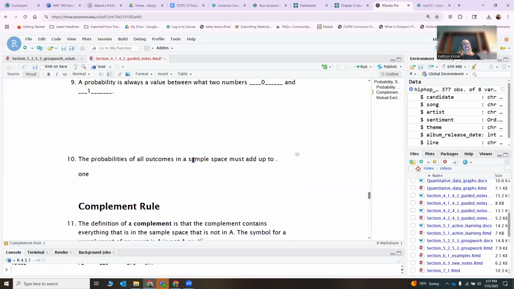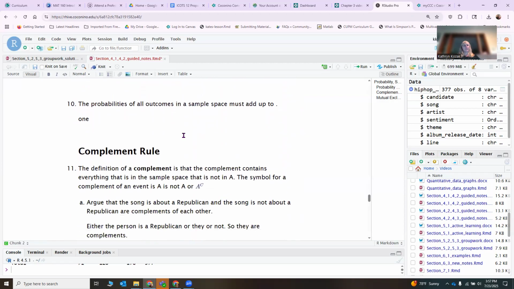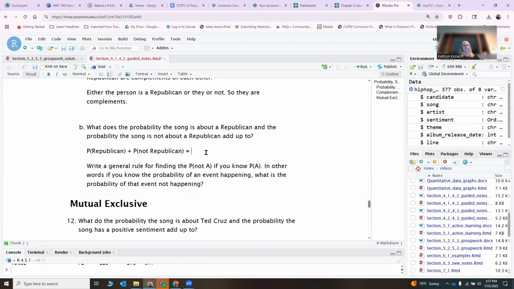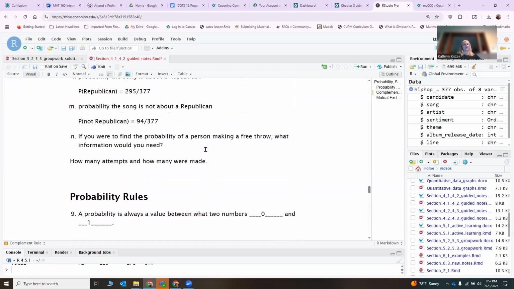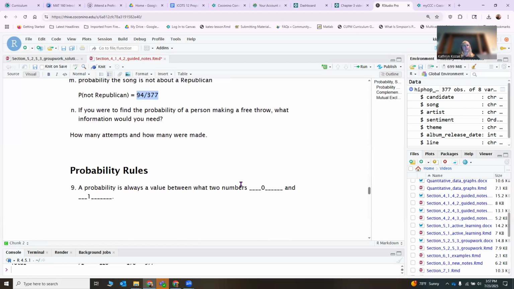And so we had 295 out of 377. And we're gonna add that to not a Republican was 94 out of 377.